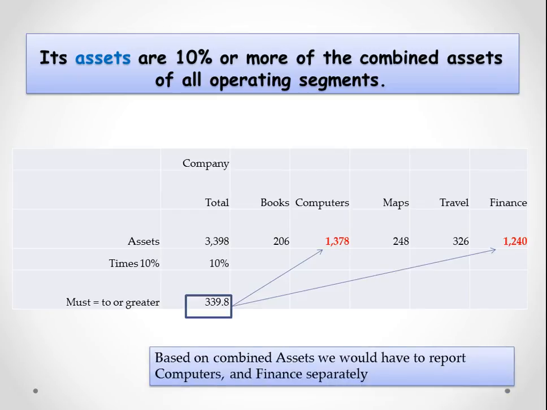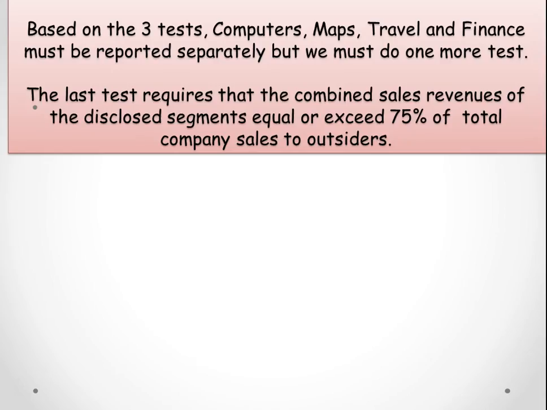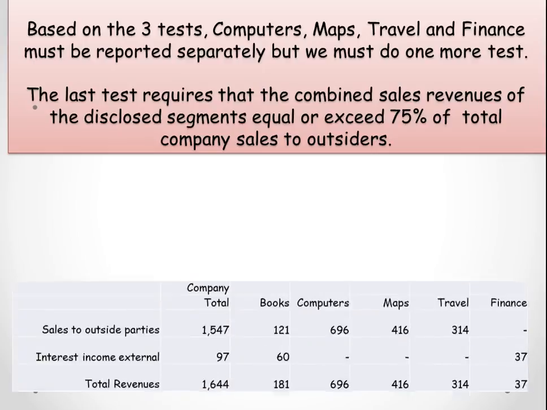So we know that we have to report, based on the three tests, computers, maps, travel, and finance. But we still have one more test we have to go through. Now, that is, we need to look to see if the outside sales of computers, maps, travel, and finance is equal to or greater than 75% of the total outside sales.